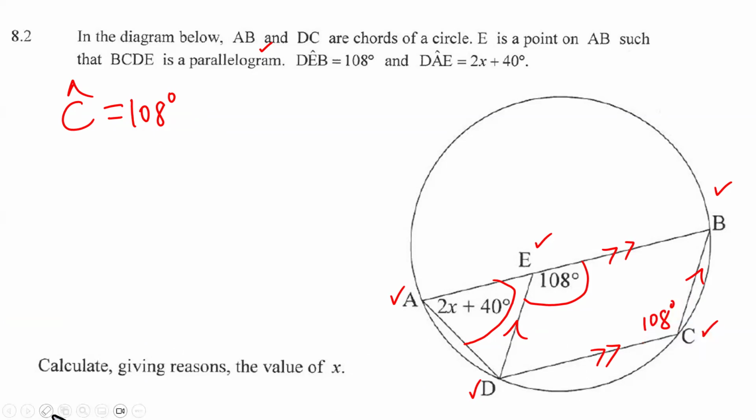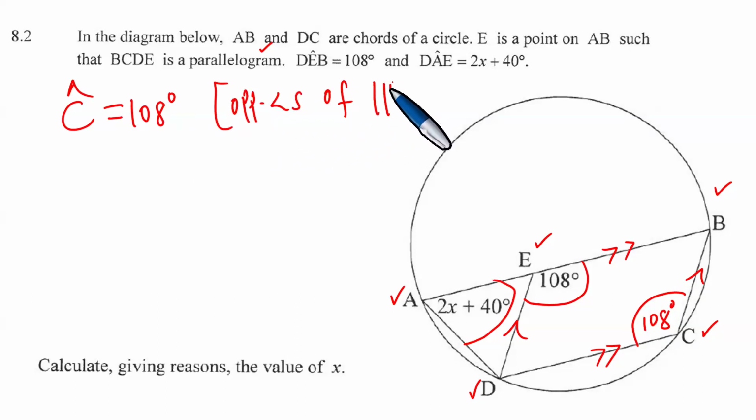It is 108 degrees because these are opposite angles of a parallelogram, and opposite angles of a parallelogram are equal to each other. So C is 108 degrees.